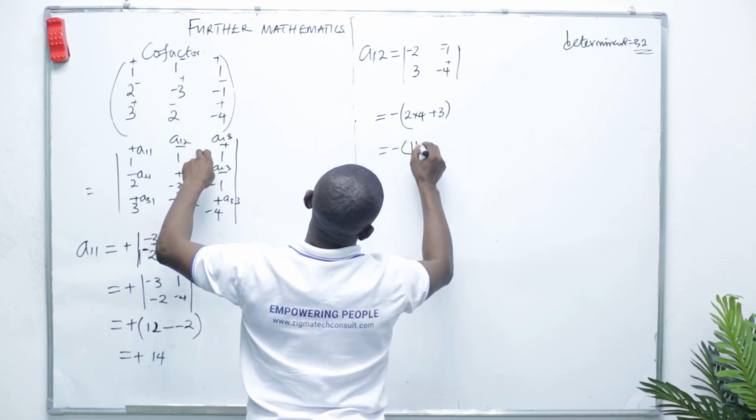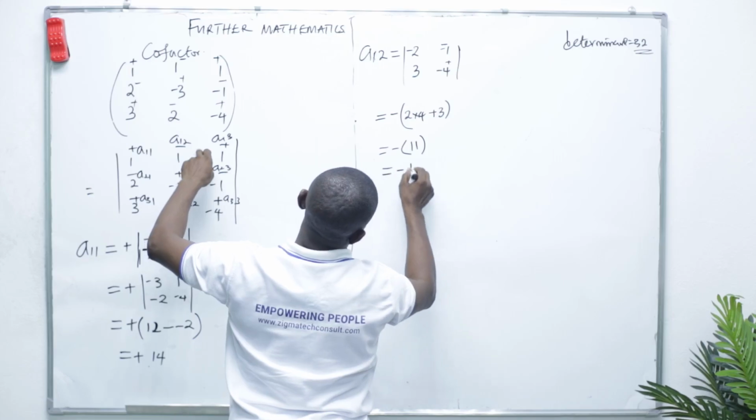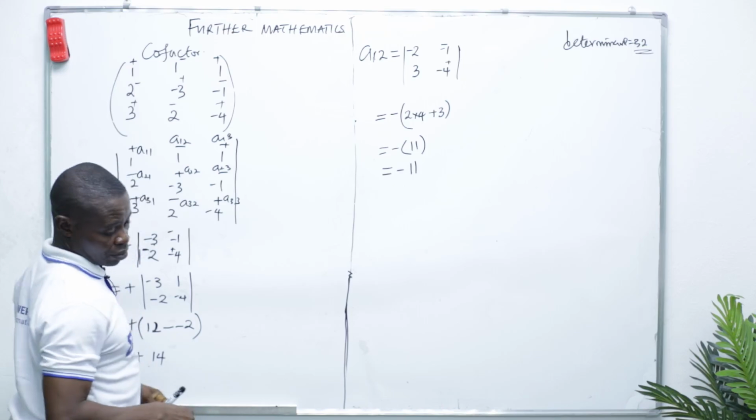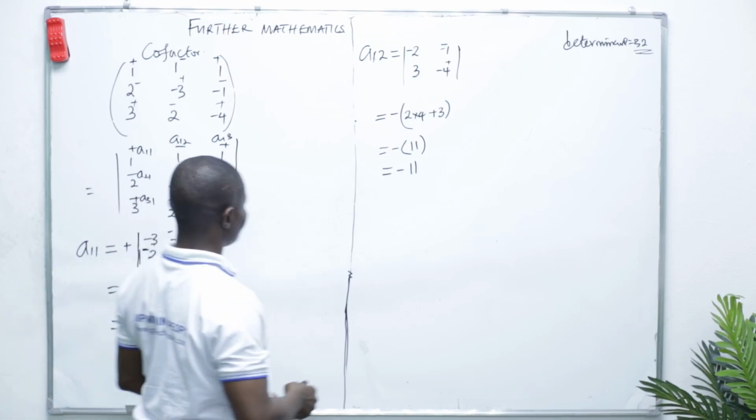This is 8, 11, minus 11. This will give us minus 11.